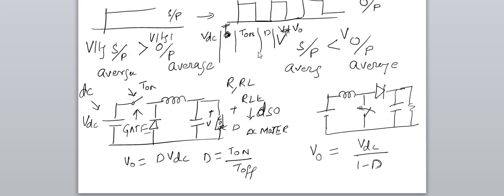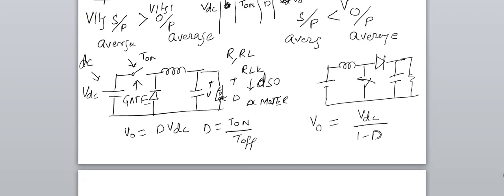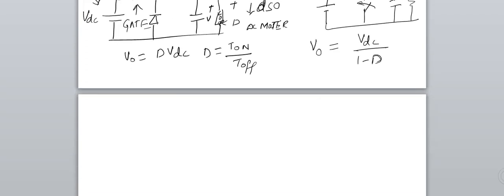So you have to calculate three, I think four parameters: VDC, total time, T on time, D, and V0. So this is how you can go for it. Next is the AC to AC converter.